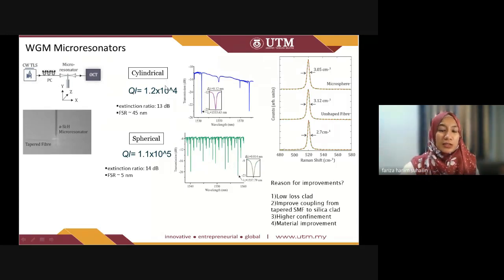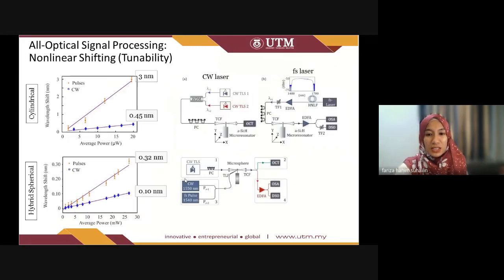The quality factors tell us how good the light is circling around your cavities. In a cylindrical shape resonator, I can have around 12,000 for the Q factor. But once I started to introduce a spherical shape, I got around 100,000 quality factors. That makes 6,000 circulations inside the resonator to give a very high intensity light inside the structures.